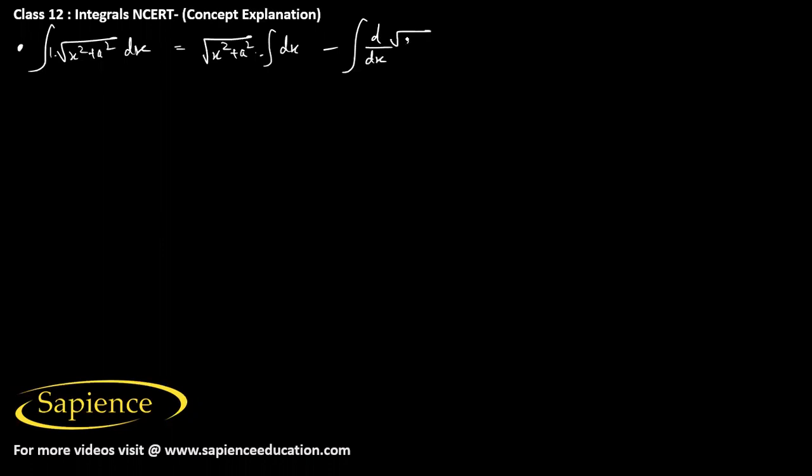So then if it is asked to find the integral square root of x square plus a square dx, then here also we have to take 1 as the second function. So then this will be equal to square root of x square plus a square into integral dx, then minus integral d by dx of square root of x square plus a square into integral dx, then whole integral dx.